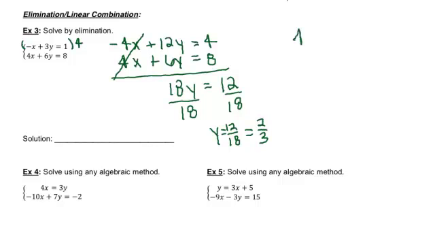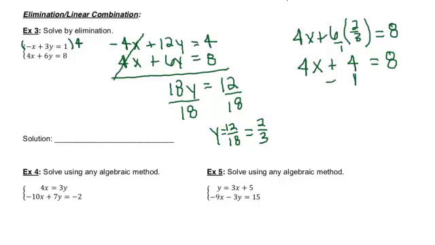So we have 4x plus 6, again, our y value is 2/3, so we're plugging that in for y, and that equals 8. So we have 4x plus, remember this is 6 over 1, so 6 times 2 is 12, 1 times 3 is 3, 12 divided by 3 we know is 4.